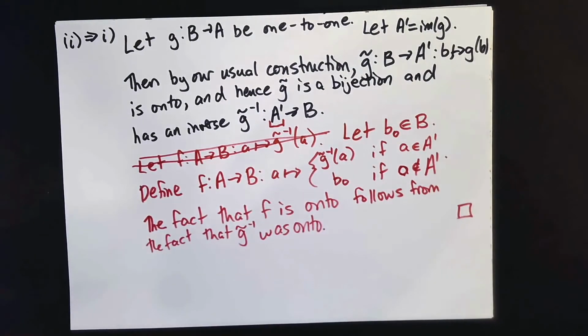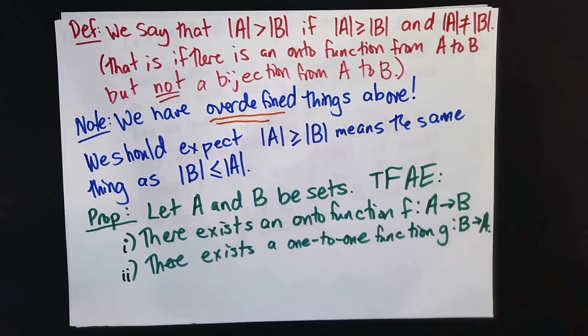It gives us, in fact, a fairly explicit construction to transform an onto function in one direction to a one-to-one function in the other direction, and likewise a one-to-one function in one direction to an onto function in the other direction.